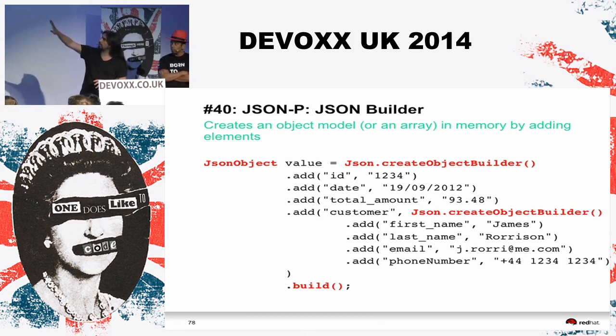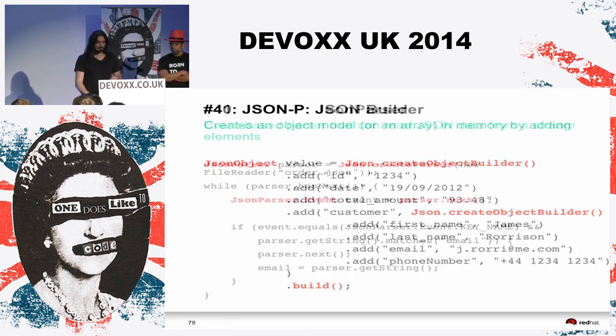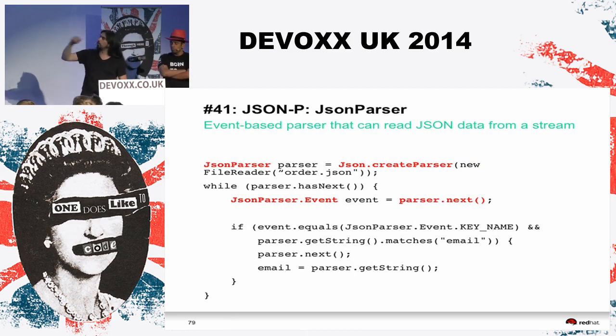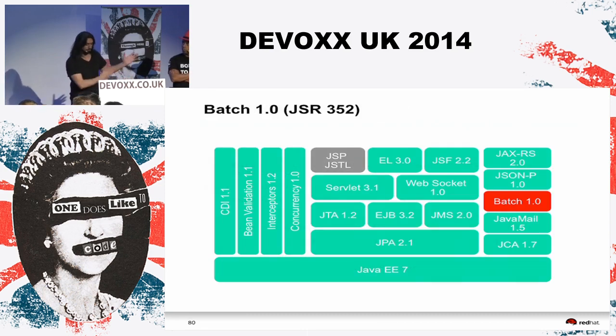As you can see, I go JSON create object builder, add all these nodes, and at the end I can build either a JSON stream or a JSON string. And there's another very low level API where you can parse JSON with events like in JAX-P, the same idea, except the API is slightly nicer.